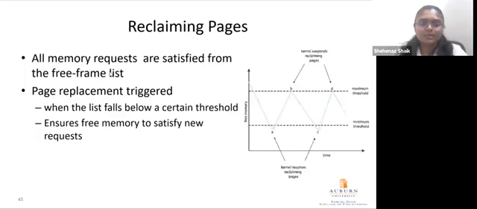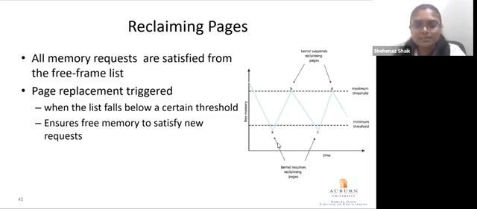So what the operating system can do, to maintain the number of free frames, is go over the available pages that we have in memory, perform a write of the dirty pages back to the backing store, and mark them as frames belonging to the pool of free frames, so that one of those free frames can be made use of.